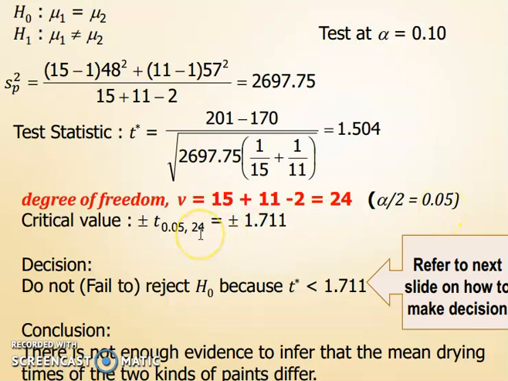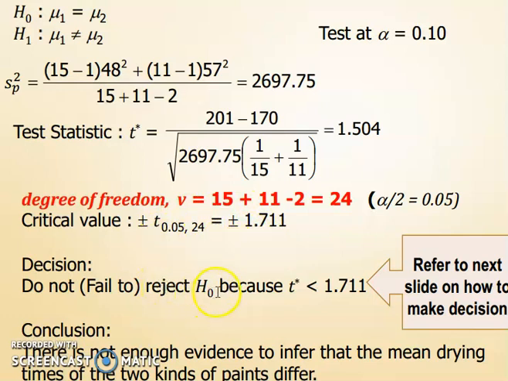And the degrees of freedom is not n minus 1, but it is n1 plus n2 minus 2, so you're going to have 24. By looking at the t table, you'll find the critical value is 1.711. So it is plus minus because it is two tails. One of the values is positive, and the other one, on the left side, is going to be negative.